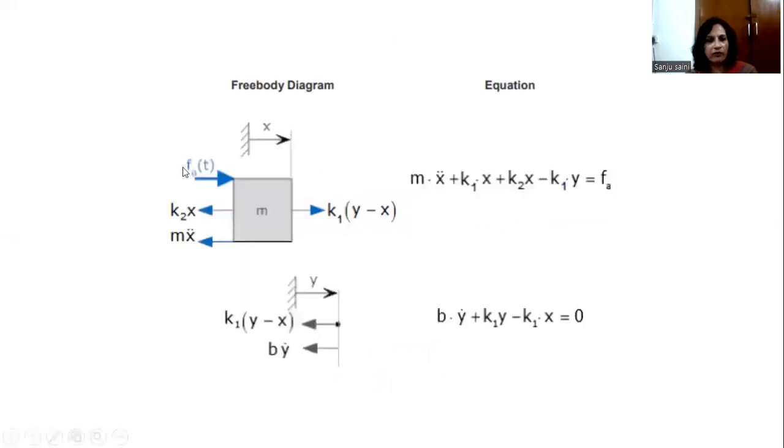For that, first of all, we have to draw its free body diagram that is represented over here, and from this free body diagram we'll write down the differential equations describing the state of this system, considering the mass element and then considering the second element. So we get the two differential equations which are describing the state of the system.